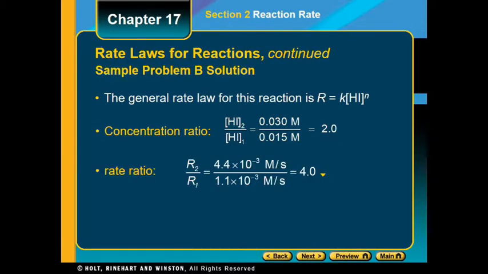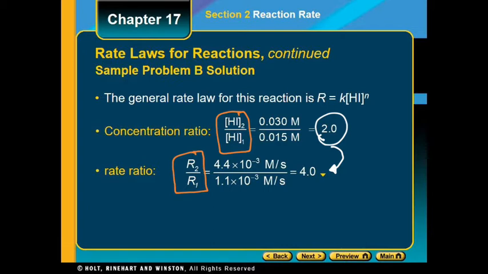If I look at the rate ratio, now they're taking the rate data. Again, we are comparing apples to apples here. I took experiments 1 and 2 here, and I'm also taking the rate for experiments 1 and 2 here. And when I look at the rate data, notice that even though the concentration was doubled, the rate increased by 4-fold.